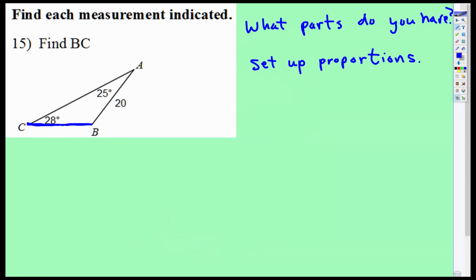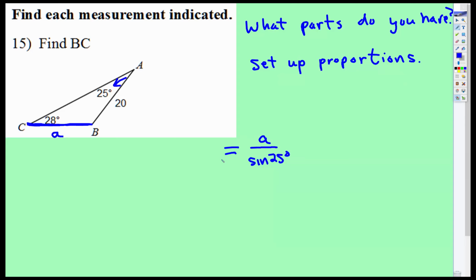All right, so we need to find each measurement indicated. We need to find BC. The side BC right here is opposite A, so this is actually side A. We need to find side A, and using the law of sines, we can put the sine of 25 degrees, because angle A is 25 degrees.